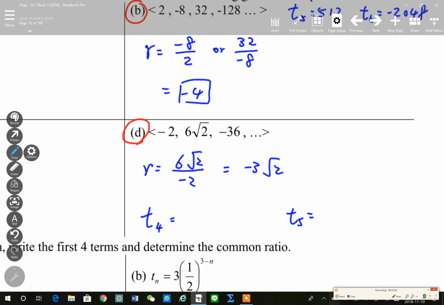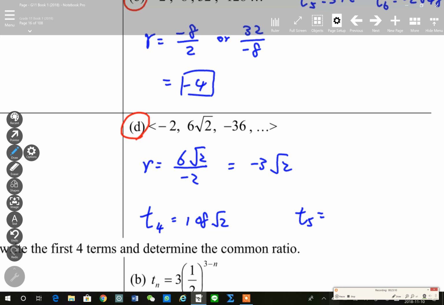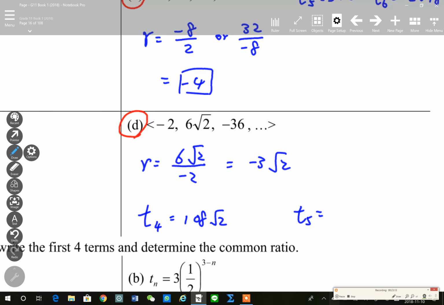It's just 36 times -3. So this number times this number. Because this one is not in the root, you don't touch the inside. 108√2, right?